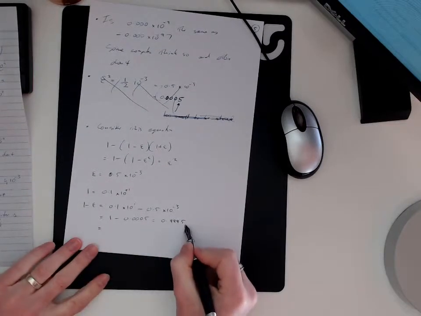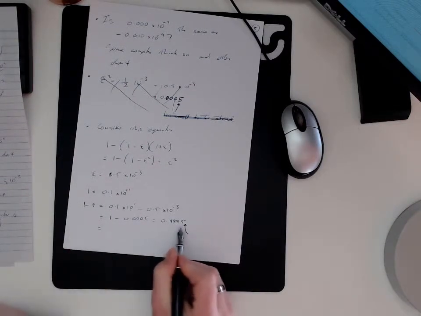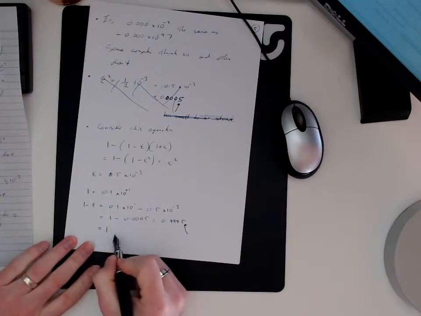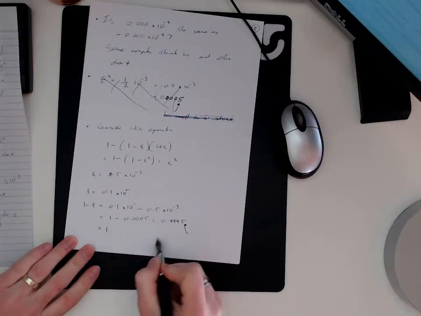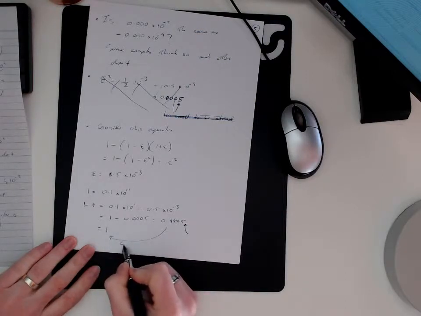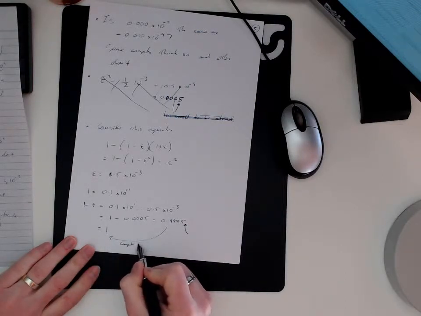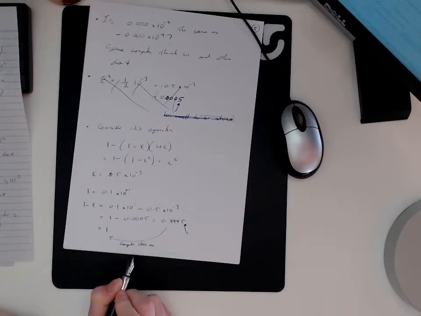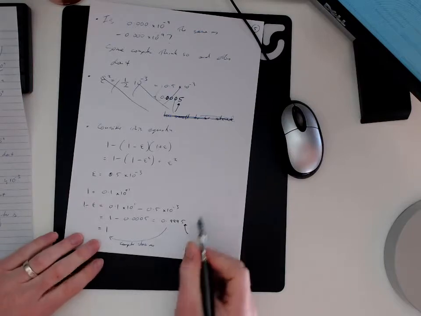Now, most rounding rules in a computer ensure that this would round up. So, in the computer's notation, this becomes, what's the reason for this?